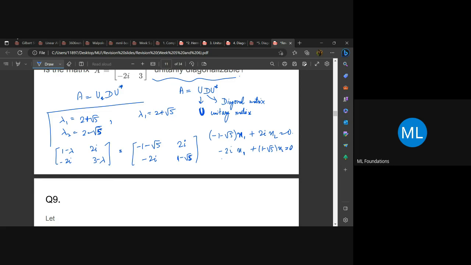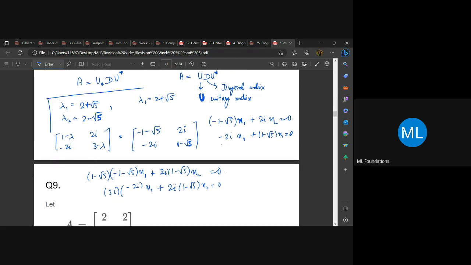Let's divide the second equation by 2i and the first by 1 minus root 5. So minus 1 minus root 5 over 1 minus root 5 x1 plus 2i over 1 minus root 5 x2 equals 0, and you get minus x1 plus 2i over 1 minus root 5 x2 equals 0.